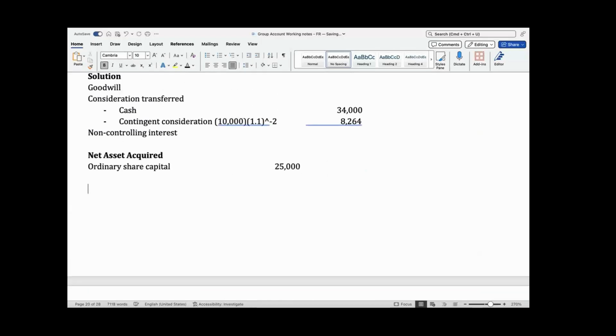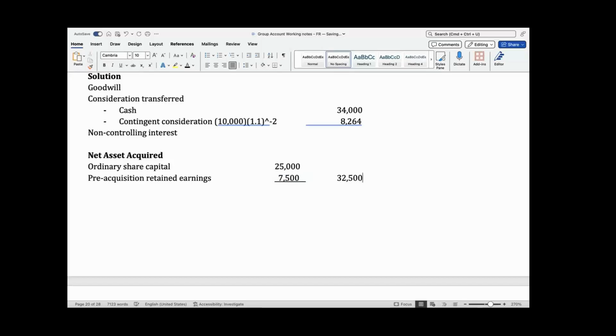What was the pre-acquisition retained earnings? 7,500. That is what we acquired. So the addition of the two gives us 32,500.